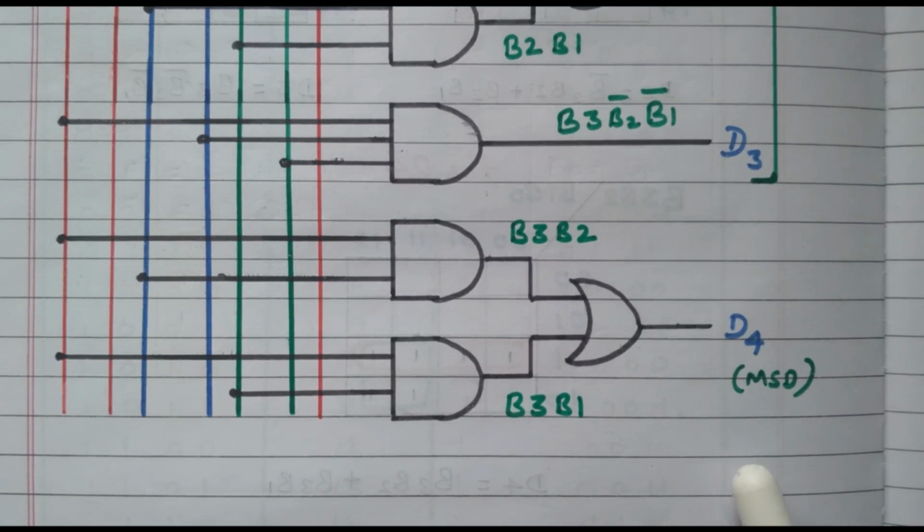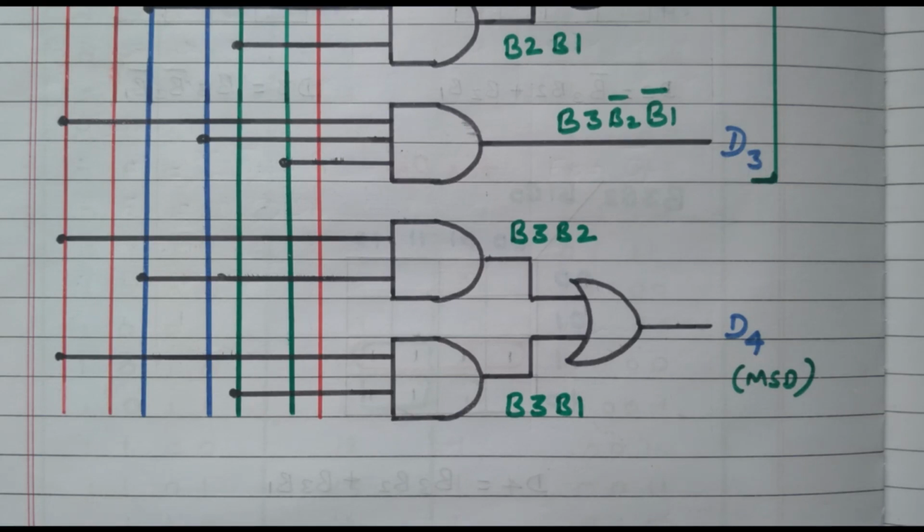So D0, D1, D2, D3 are the output of the binary coded decimal BCD, and also we got the MSB D4. So in this video, we discussed how to convert binary to BCD. BCD means binary coded decimal. Each decimal is represented by 4 digits. From 0 to 9 is no problem, we have only one digit.